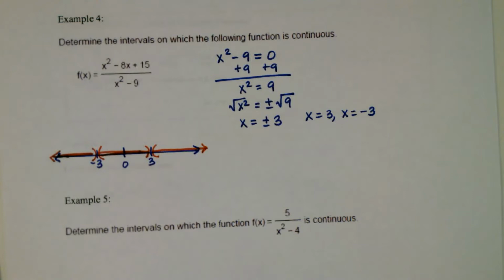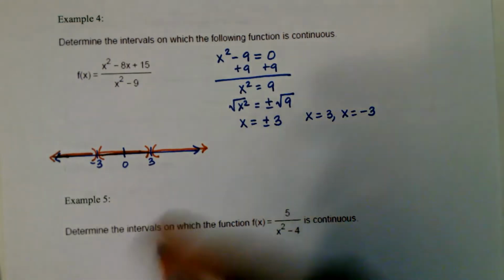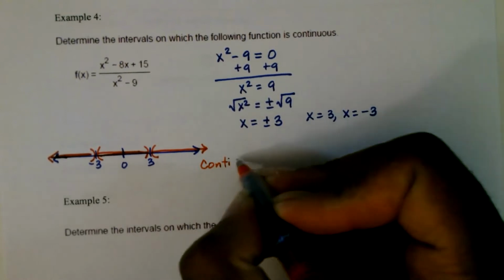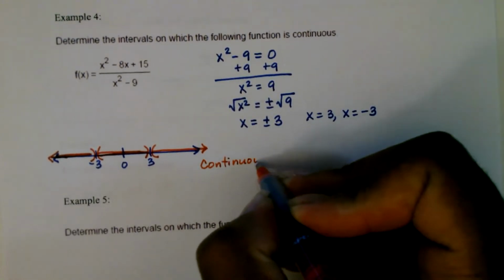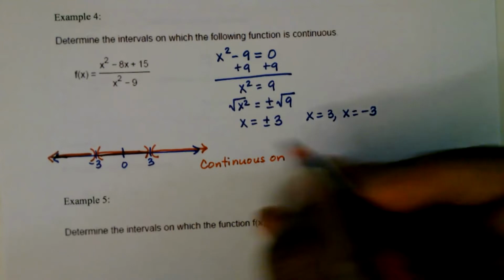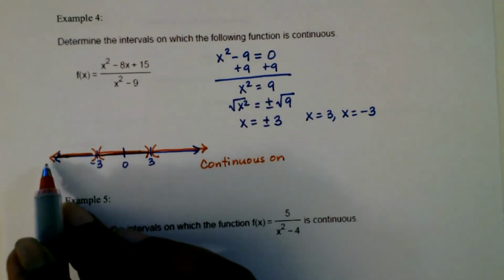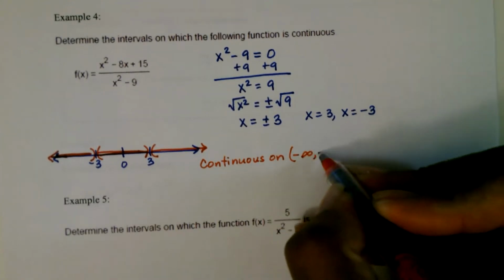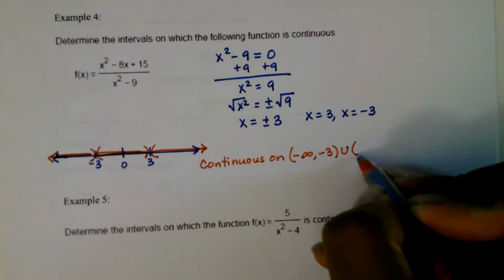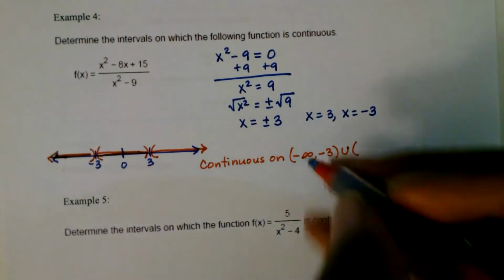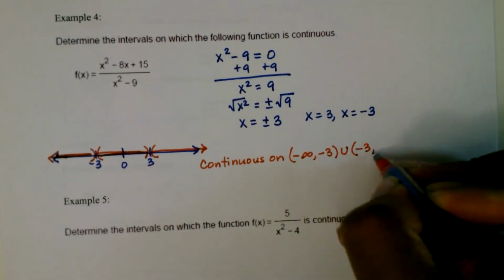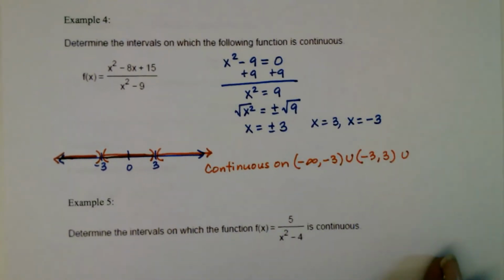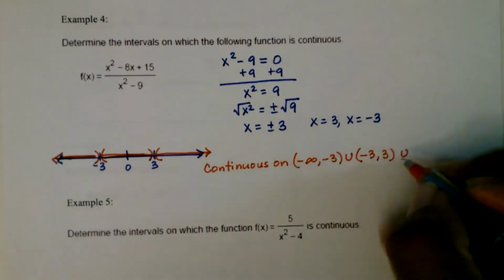So for this function, it is continuous on these intervals from left to right: negative infinity up to negative 3, or from negative 3 to 3, or from 3 on to infinity.